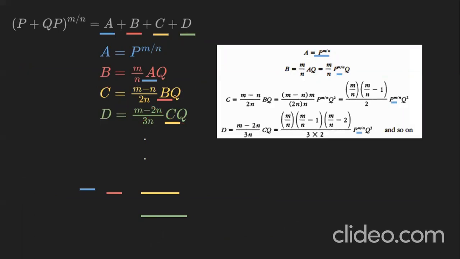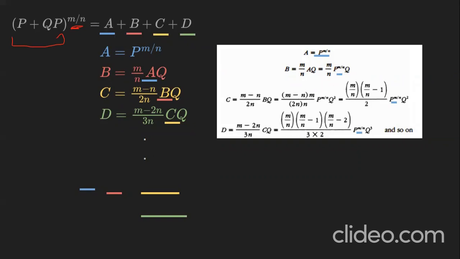The beginning term is A, which is just P raised to the power of M over N. Let me explain. This right here is the binomial that we're trying to expand, and M over N is the power, okay?